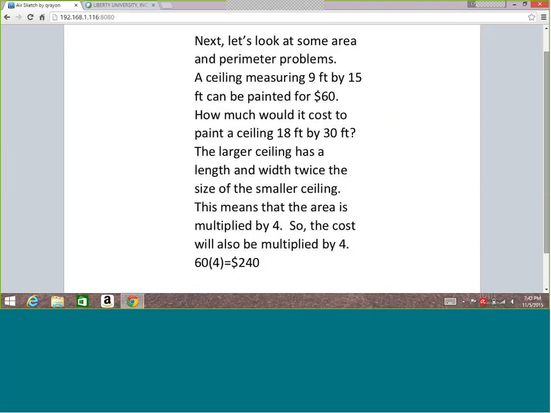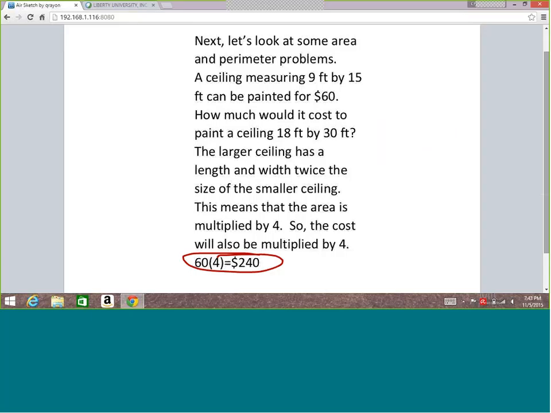So what's happening is that the area is multiplied by 4 because the area is doubling in length and doubling in width. 2 dimensions are being doubled, so the area is being multiplied by 4. So to solve this problem, you need to take the $60 times 4 and get $240.